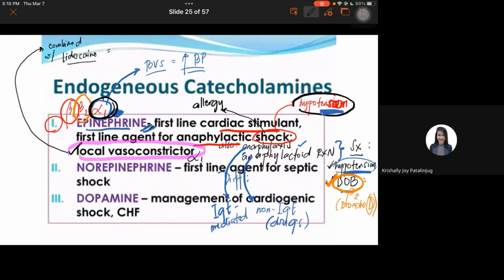Sa receptor types, I think, nag-discuss ako. Under type 1 nga receptors, na-mention yung lidocaine. With regards to lidocaine, it is actually a local anesthetic specifically. Again, sa clinical setting, gina-combine si epinephrine with lidocaine.